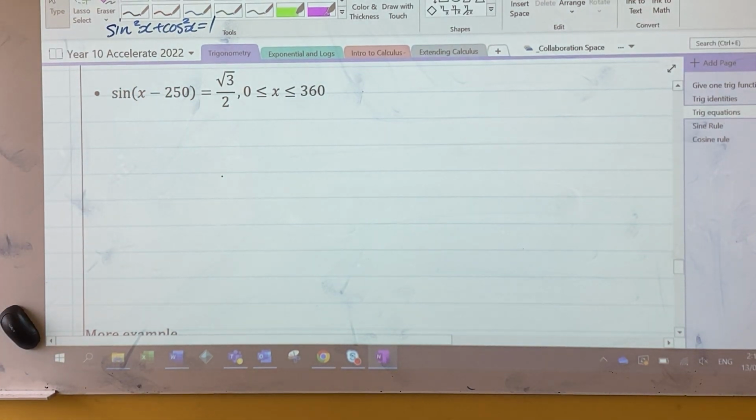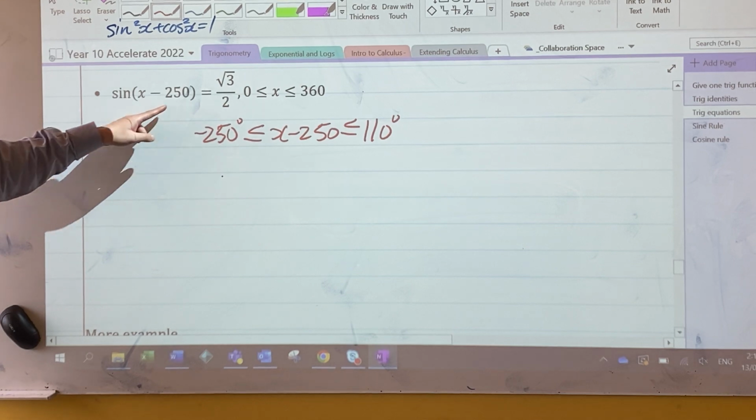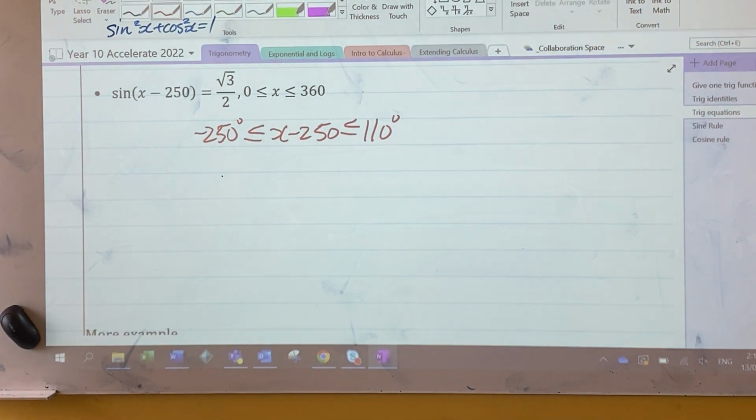So I'm going to minus 250 everywhere: x minus 250, minus 250, minus 250. That is the new domain we are working with. Is that okay? Why is that? Because of that part. All good?